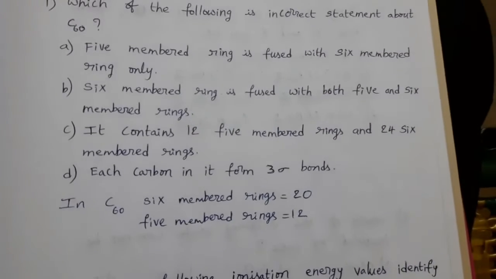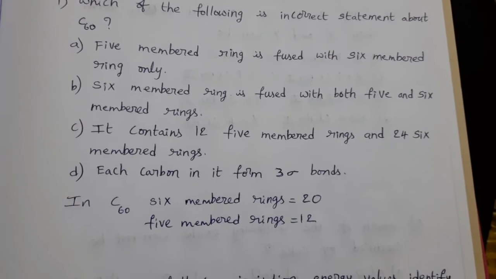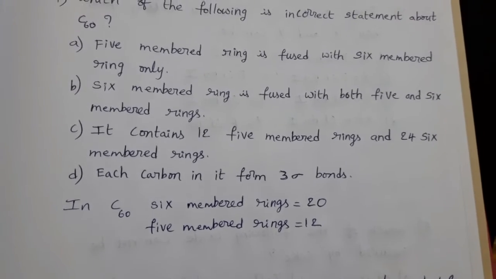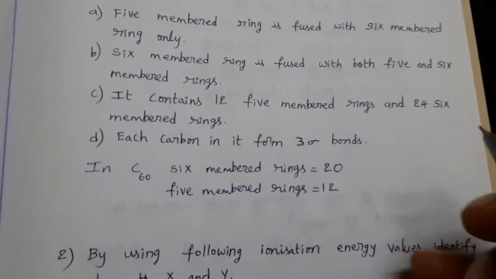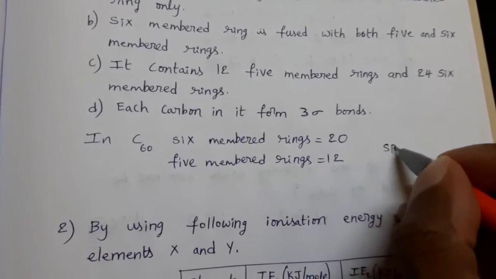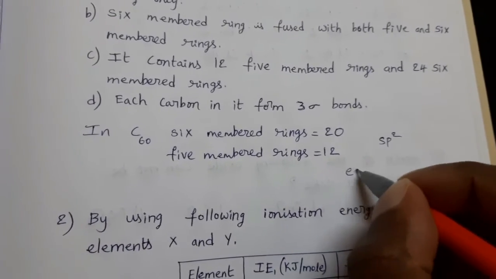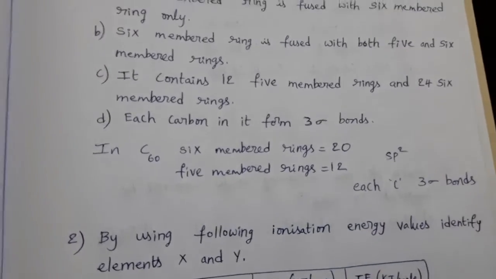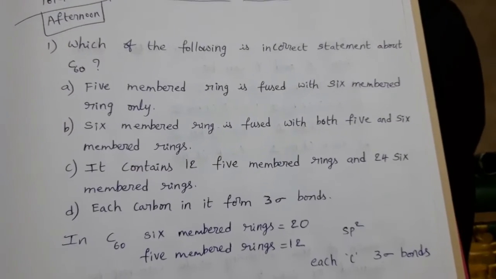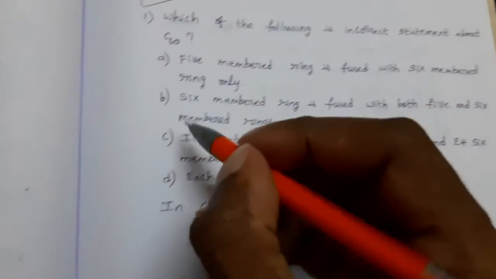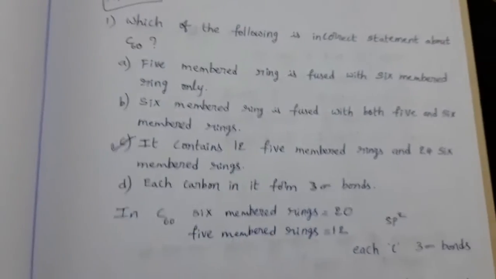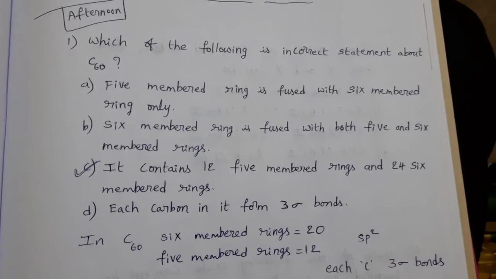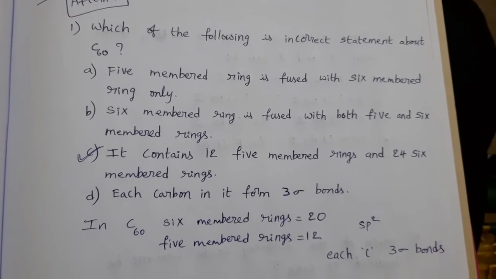So in C60, Buckminster fullerene, in these 6-membered rings, 20 rings are there, 5-membered rings, 12. So each carbon atom undergoes sp2 hybridization in this. That means each carbon can form 3 sigma bonds. Then what is the wrong answer? Option C is the wrong answer. This is the incorrect statement. Remaining all the options are correct. A, B, D are correct related to C60.